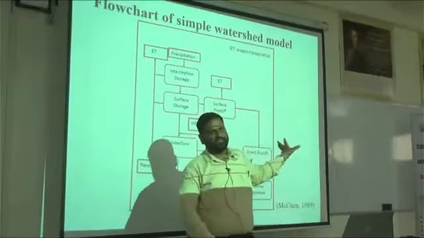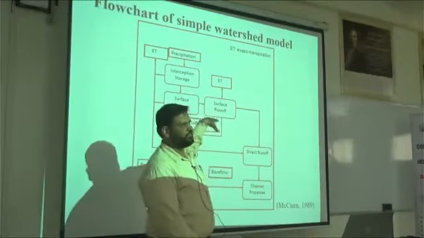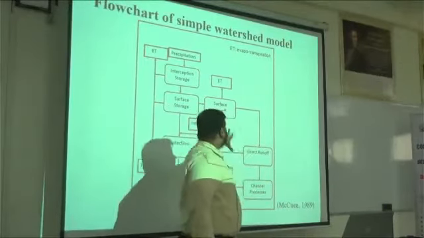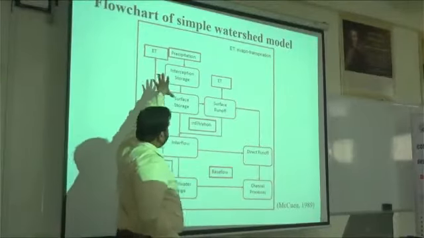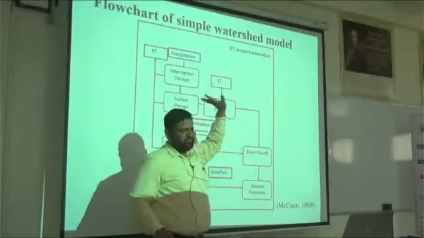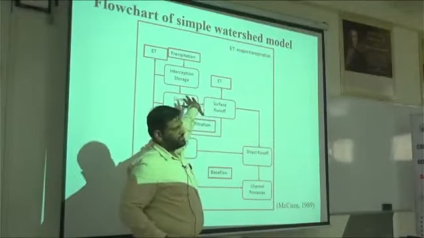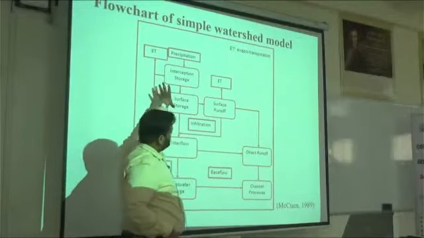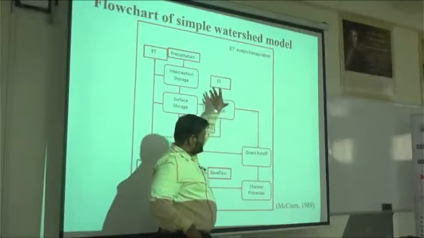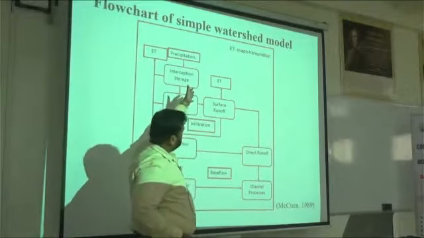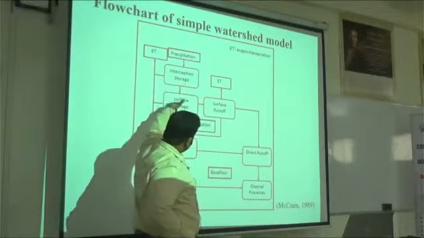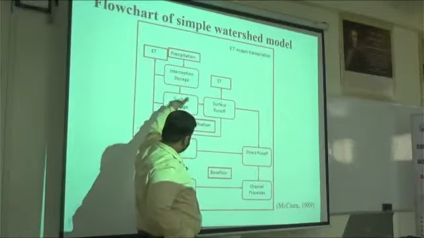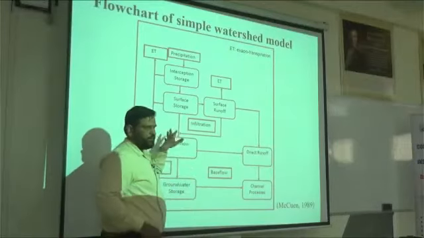So this is your complete hydrological cycle which you might have seen. As precipitation or rainfall takes place, once the infiltration requirement is fulfilled, then the surface runoff will take place. From that surface runoff, you all know that evapotranspiration will take place. Then during the infiltration part, water will go deeper and take part in groundwater recharge.